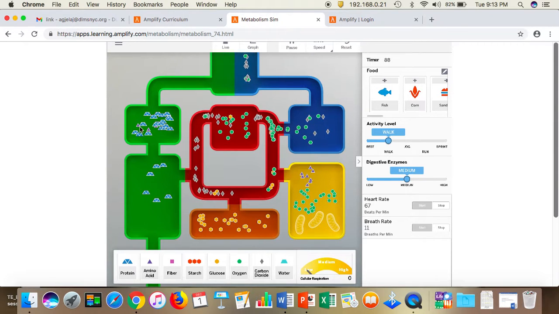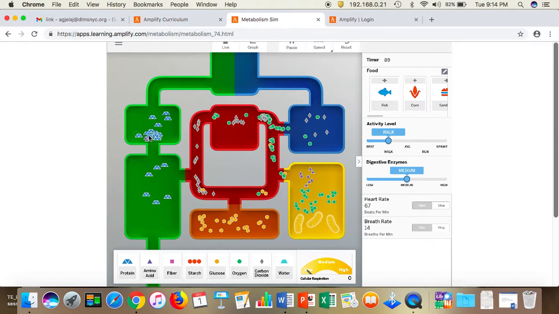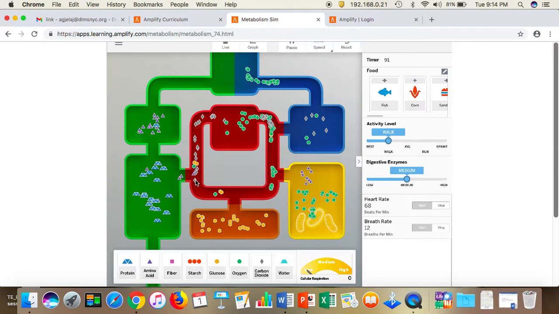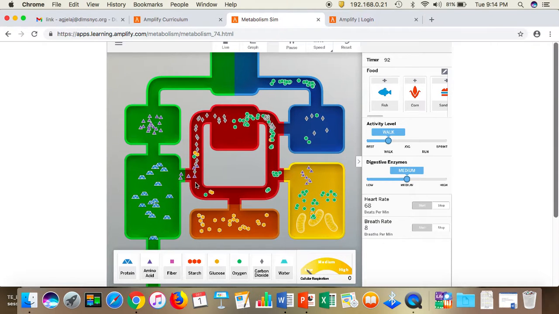So the protein breaks down into amino acids. You can see here. Some amino acids also go to your circulatory system.